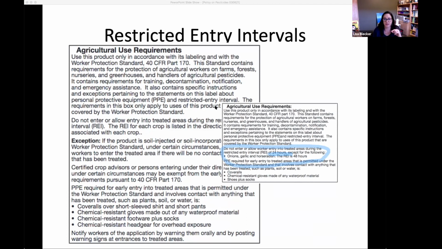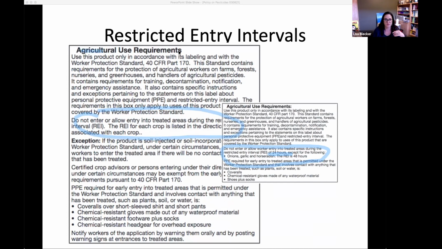So you have to go to the ag use requirements box to know what the restricted entry interval is. But here, this ag use requirements box says the REI for each crop is listed in the directions for use. So there's too many different REIs to list here.